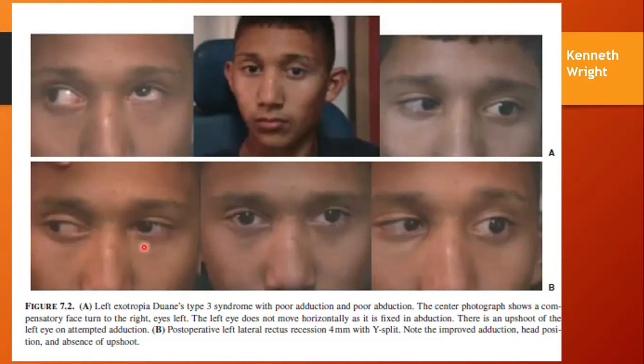But this is Duane. As you can see here, the upshoot was evident in a slightly dextro elevation. Sometimes the upshoot is not evident in exact dextroversion; you need to put the target slightly up and notice the upshoot. Here the upshoot is evident on dextro elevation, and you mentioned this correctly.